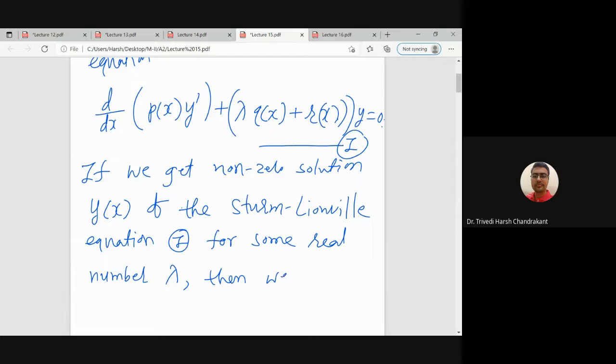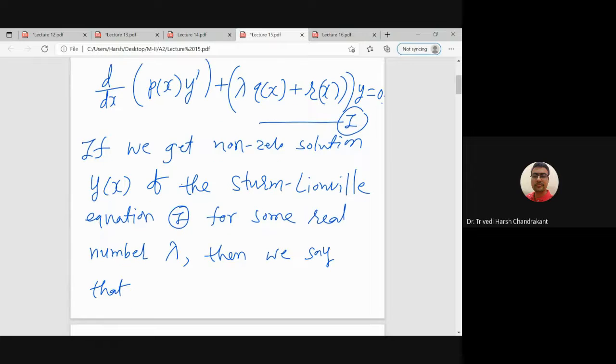Then we say that, so this solution y depends on lambda, so we can call it y lambda, right? So y lambda is a non-zero solution of the differential equation corresponding to lambda. Then we say that y lambda is the eigenfunction, right?